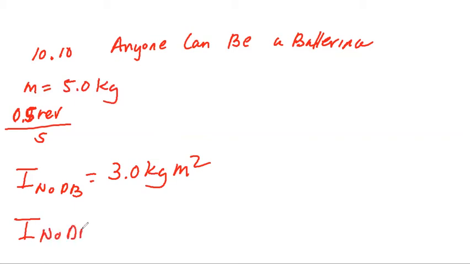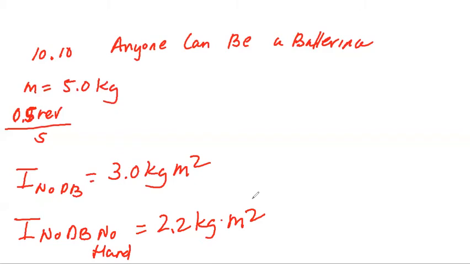The dumbbells are 1.0 meters from the axis initially and 0.2 meters at the end. What does that mean? Okay, I guess that means after he pulls them in. All right. Okay, and I'm supposed to find his angular velocity.